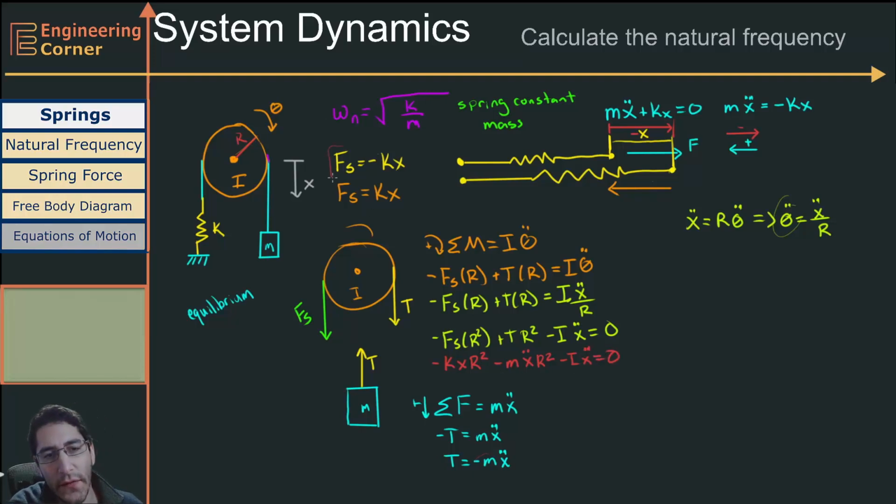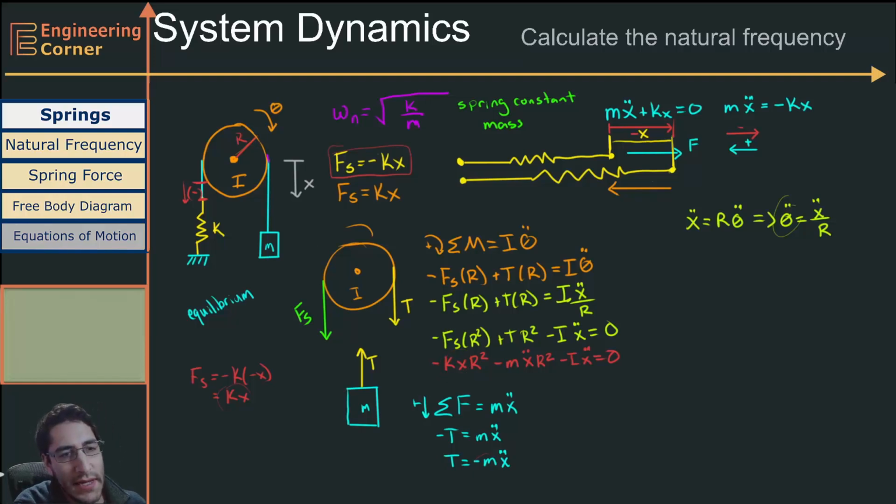Alternatively, I could have used Fs is equal to minus kx, and if I did that, I would say going down is my positive direction. So when I stretch in a minus x direction, this is minus x. So my spring force is equal to minus k times a minus x. These become positive, and I get this is also kx, so nothing changes right there.